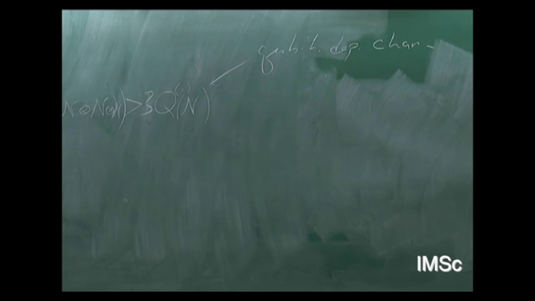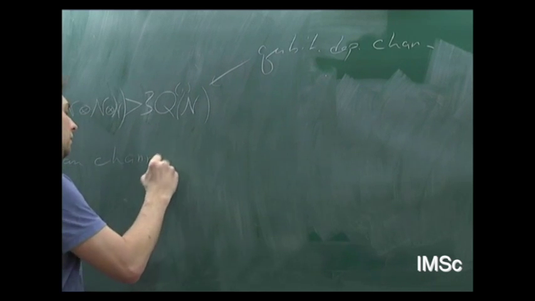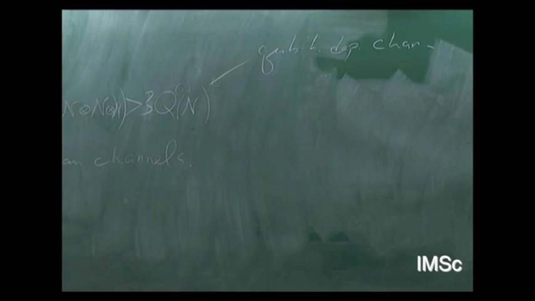Now, I don't know of any examples of Gaussian channels where I get this kind of non-additive coherent information, actually.